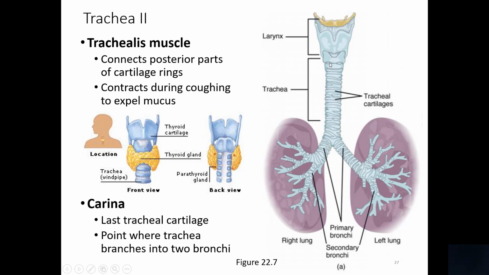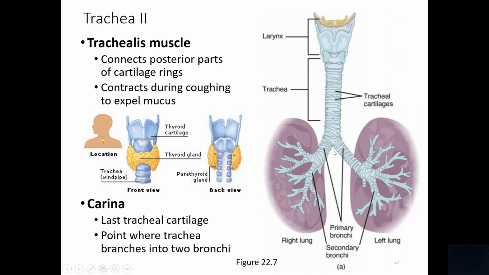Because they are C-shaped, you only can see them from the front. Here it is, from the front, tracheal cartilage. But you can see that they do not connect on the back. Instead of cartilage on the back, those two ends of cartilage are connected with a special trachealis muscle.